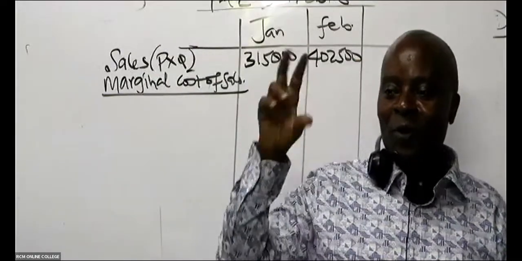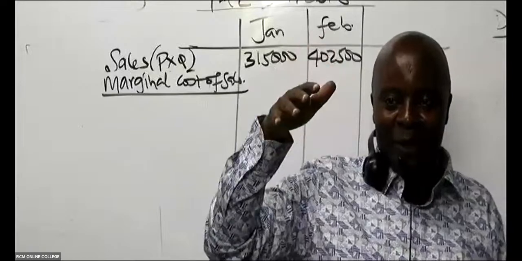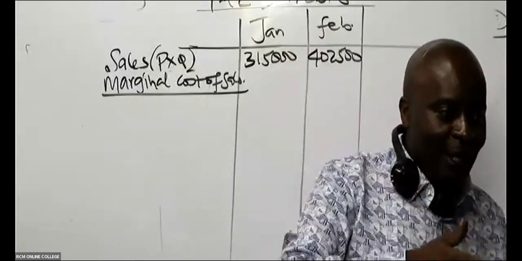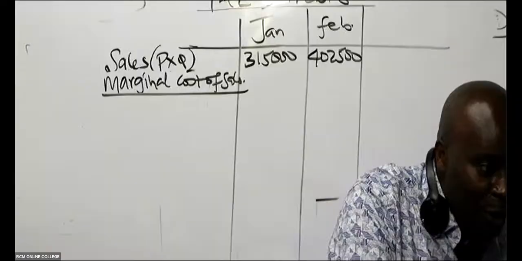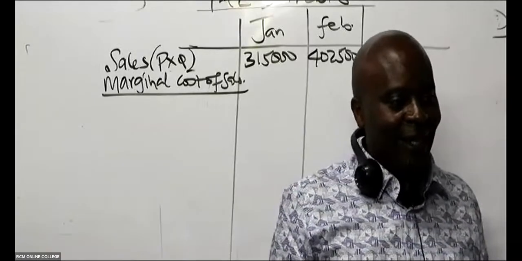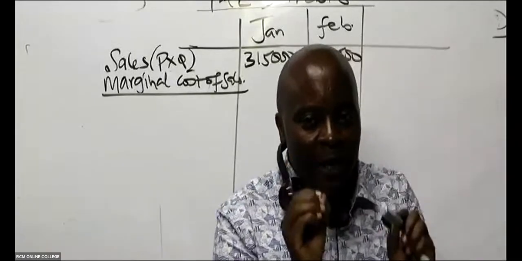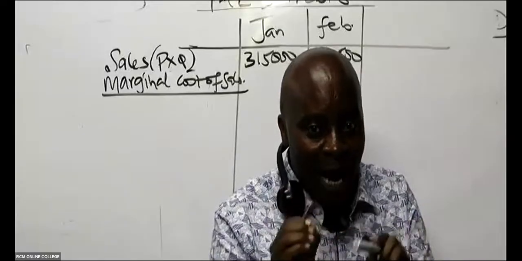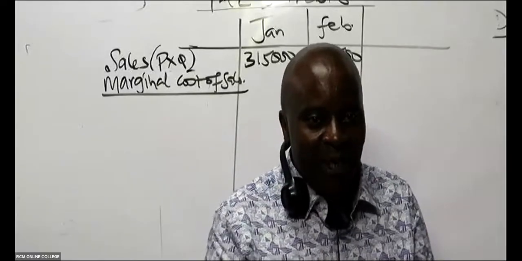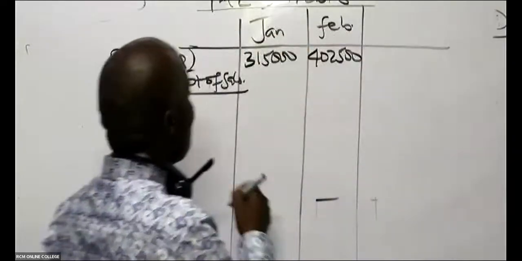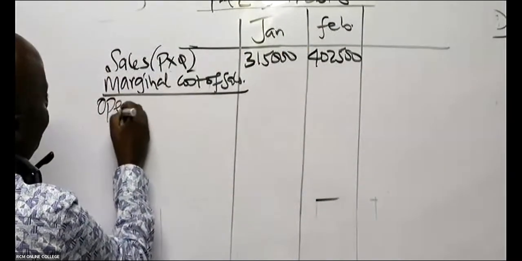Ladies and gentlemen, how do we normally get cost of sales? Anytime they want us to get cost of sales, we normally take opening stock plus purchases. Remember here, we are a producing organization. We're not purchasing. So we take opening inventory plus production minus closing. So we start with opening.